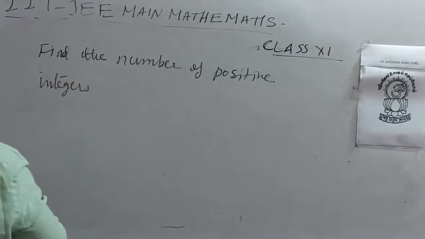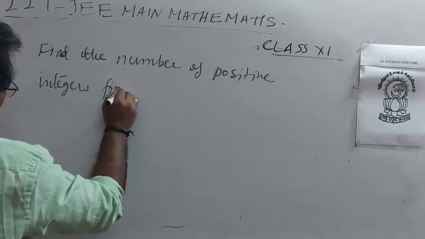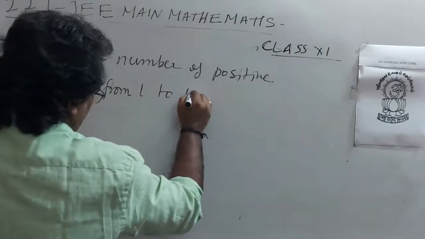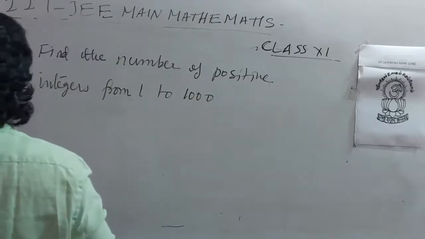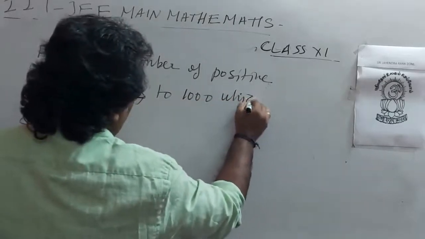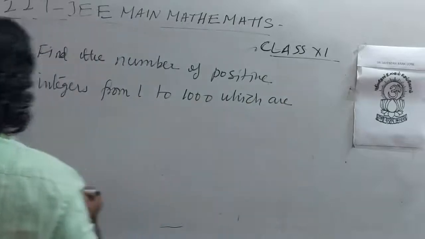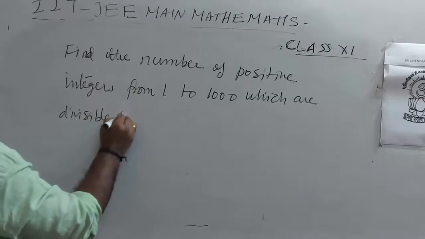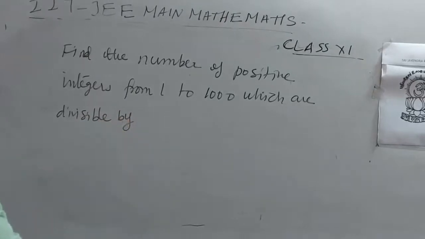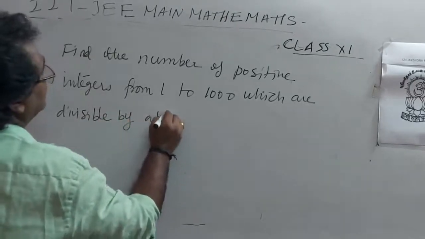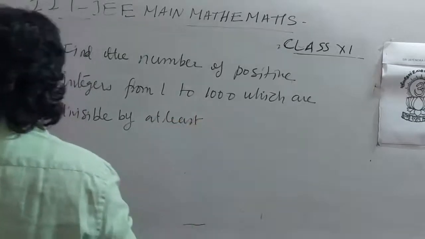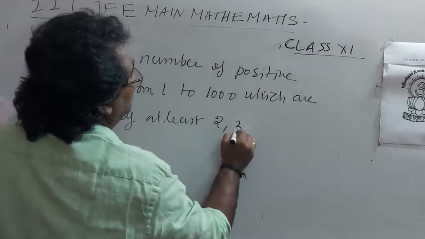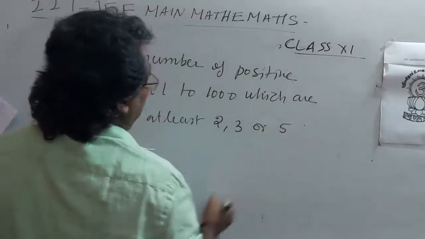Find the number of positive integers from 1 to 1000 which are divisible by at least one of 2, 3 or 5.